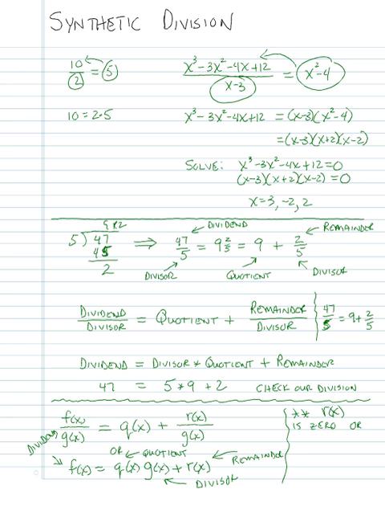And a number, remember, is degree 0. Okay, so, or the degree of r of x is less than that of g of x. That's how we know to stop dividing when we're dealing with polynomials.